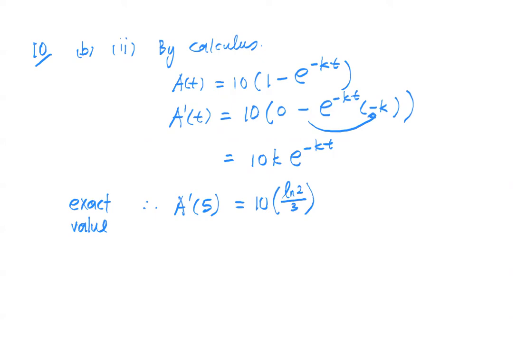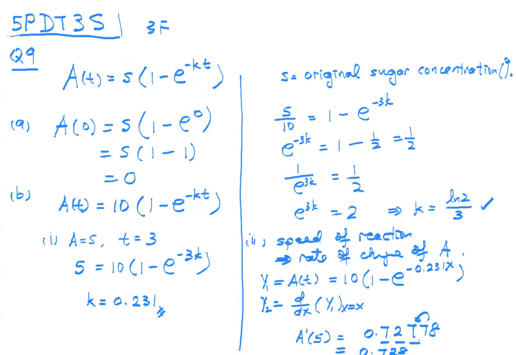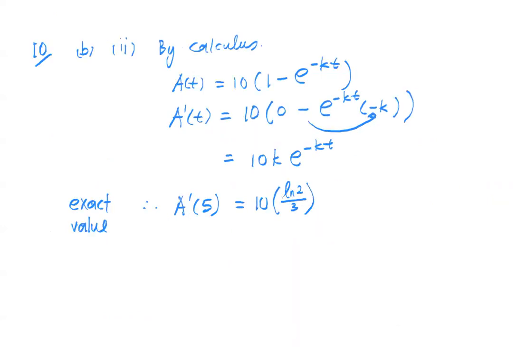Just now in front we got the K is ln 2/3, am I right? Here, these are exact value. So those who want to get good score, you better learn how to get exact value. Are you clear? So this is called exact value.